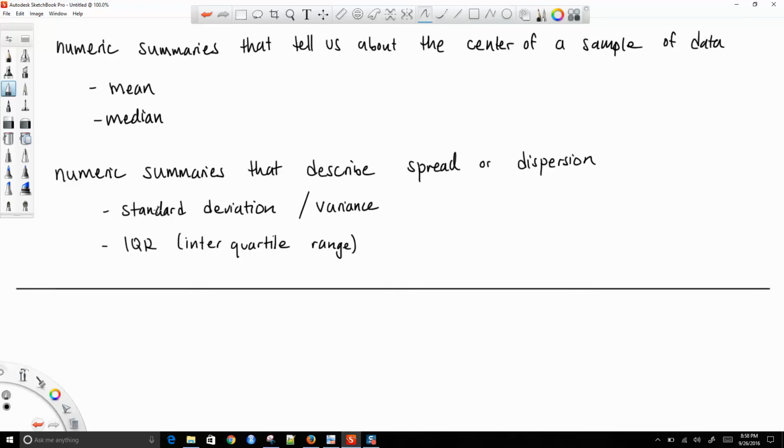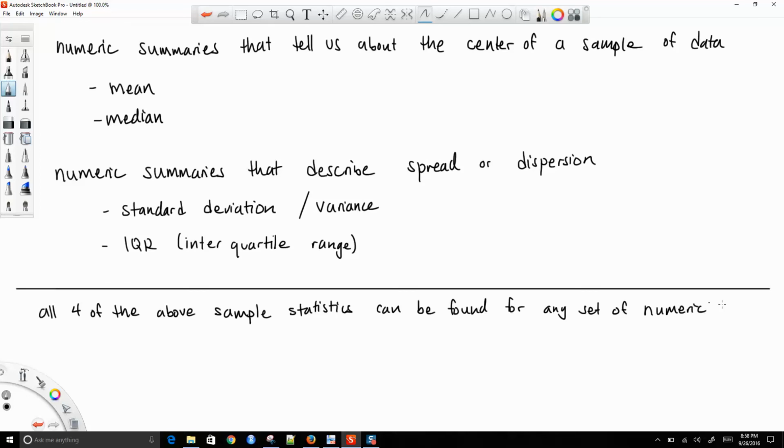So all four have the above sample statistics. I'm using sample statistics and numeric summaries interchangeably. They can be found for any set of numeric data.